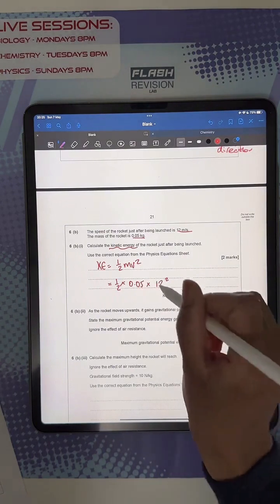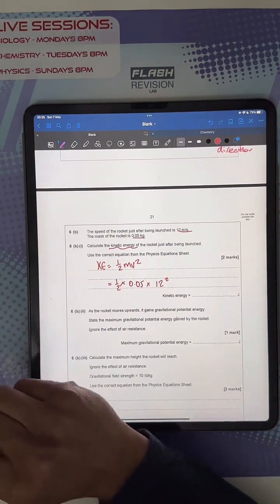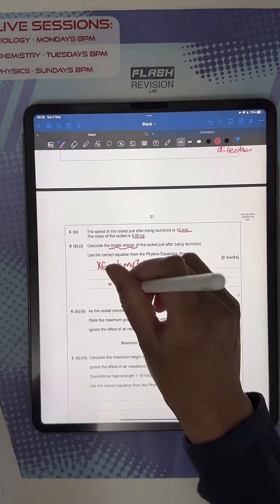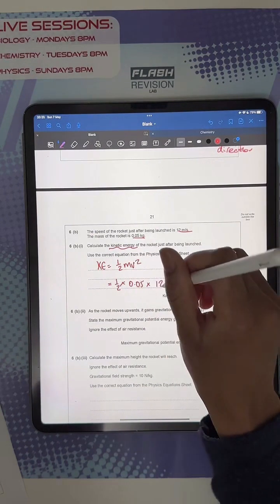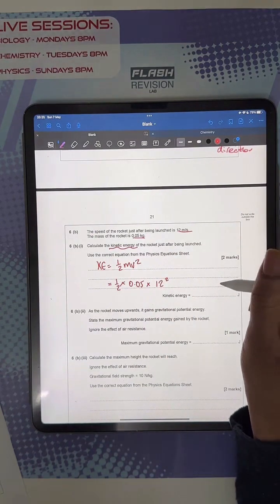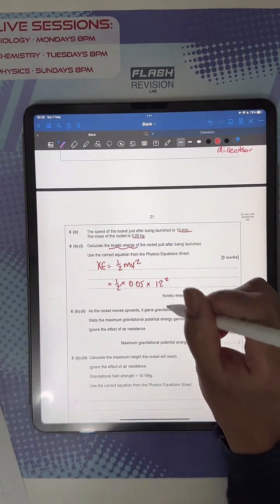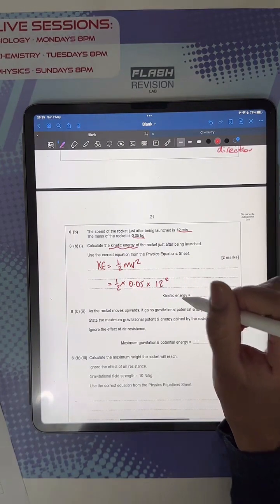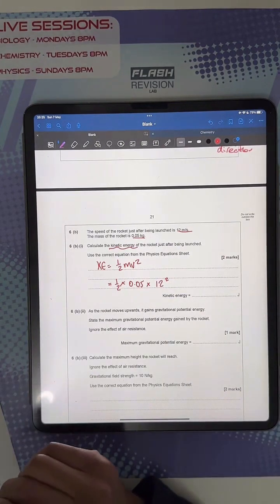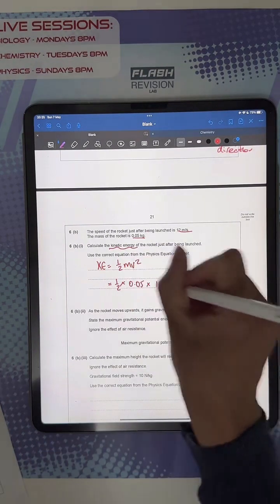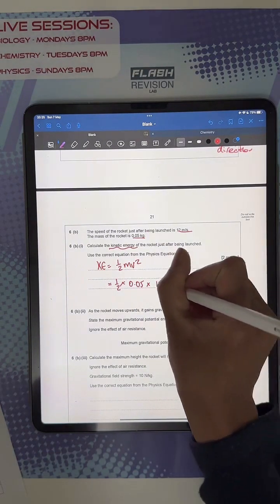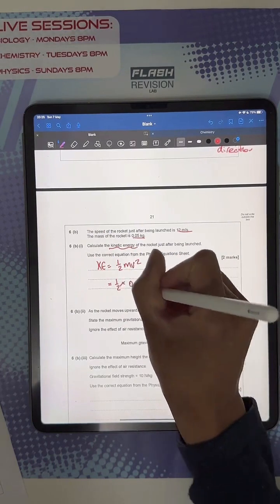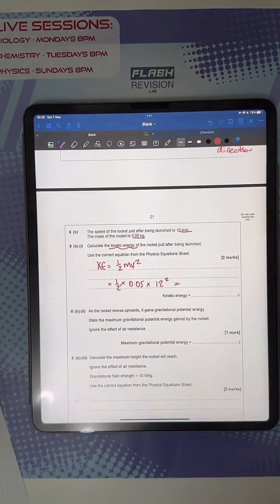It's only the v that's squared. That's a mistake that people make. They do half times 0.05 times 12 and then they square it. So you need to do the 12 squared separately and then multiply them all. So it would actually be 144. So half times 0.05 times 144.